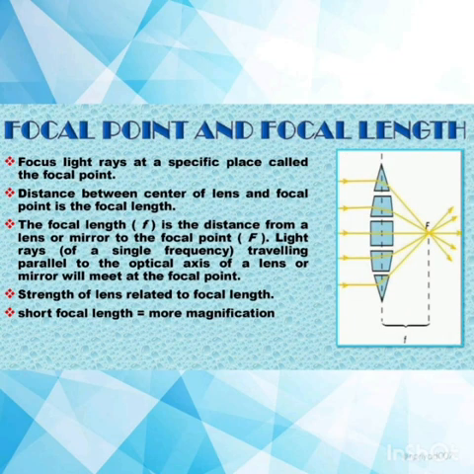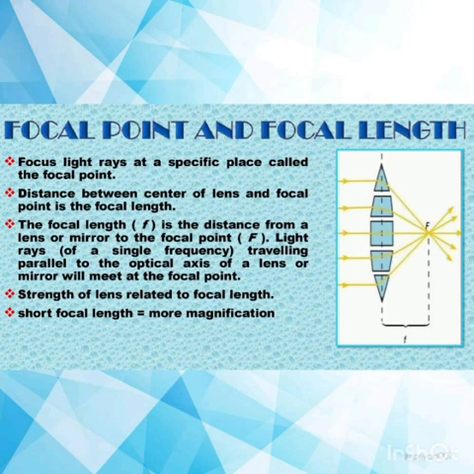The last is the focal lengths and focal points. Lenses can focus light and make images in a very similar way to mirrors. Lenses are either converging or diverging.